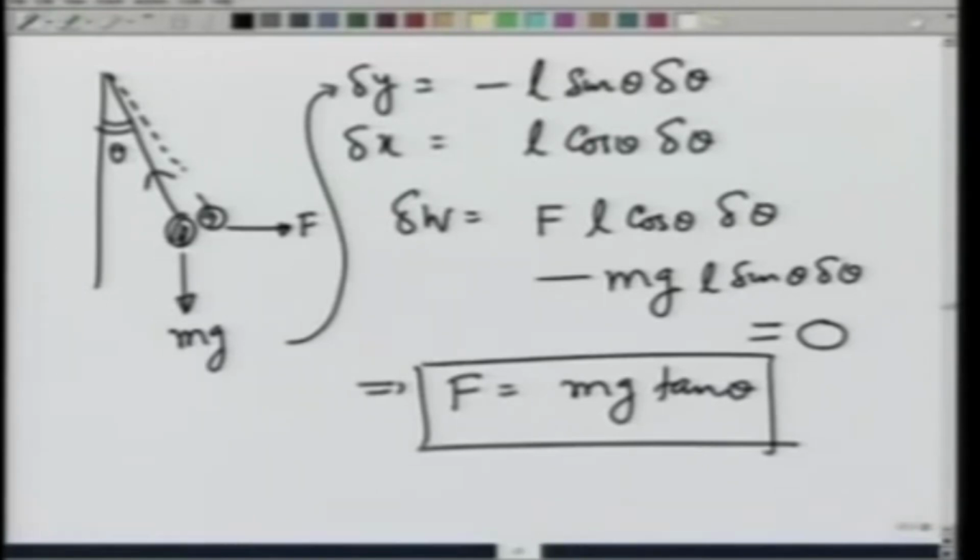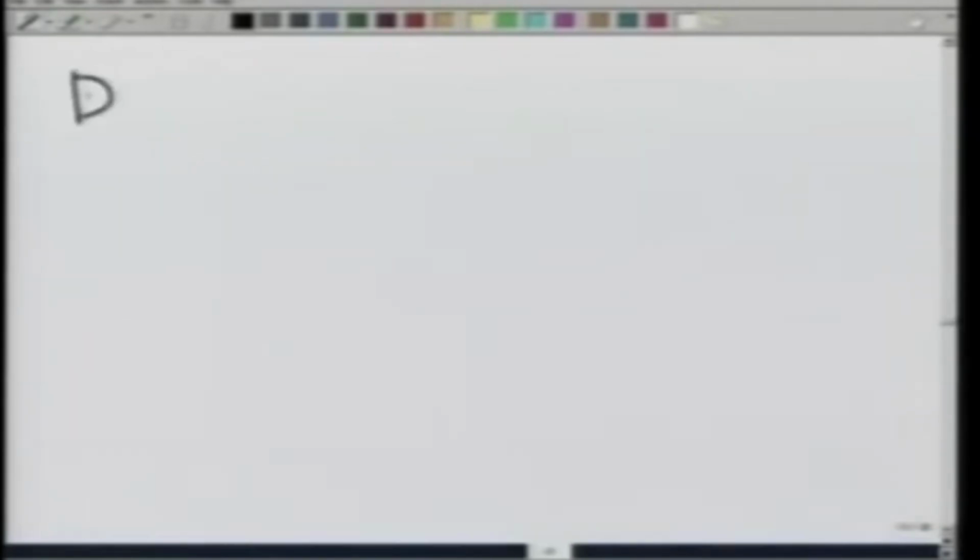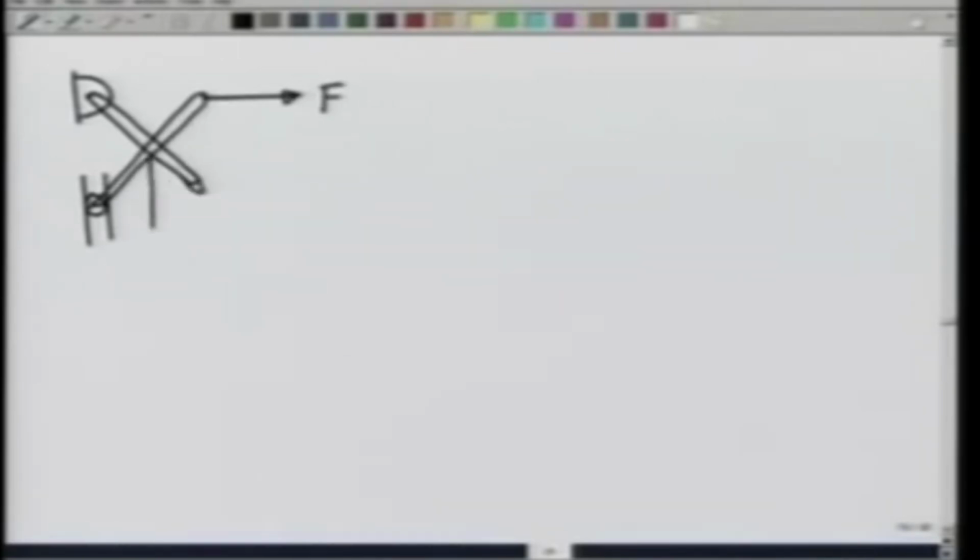Let us take the other example that we took in the beginning with this mechanism here, which is in equilibrium under this applied force F, its own weight is 2mg, and the only angle that matters here for the degree of freedom is this theta.